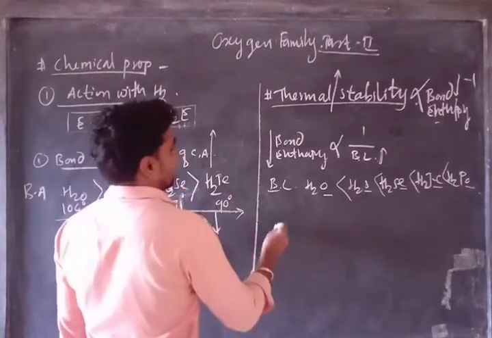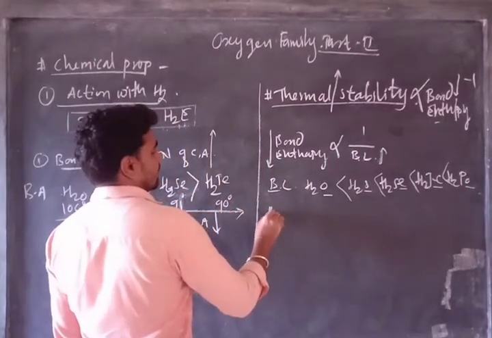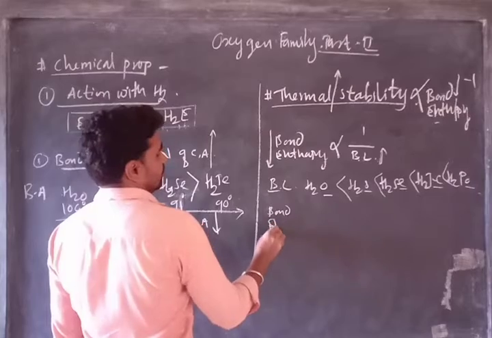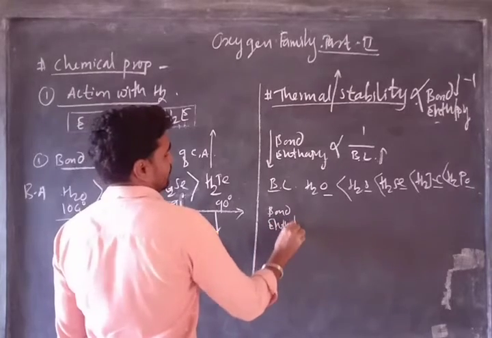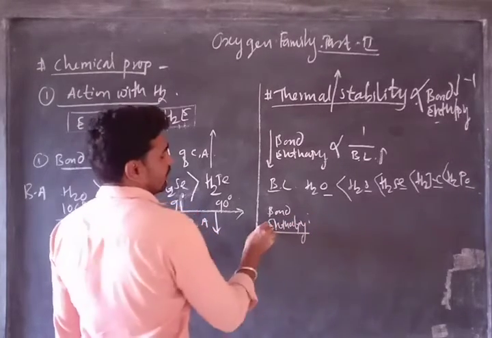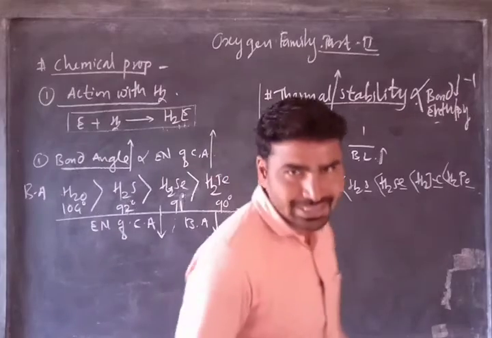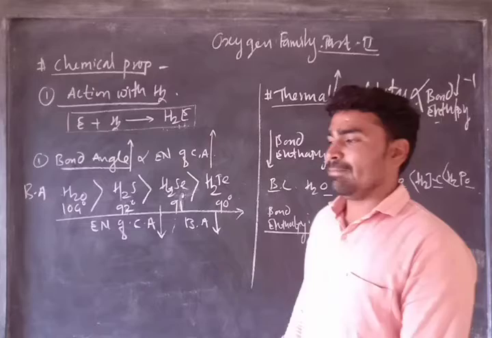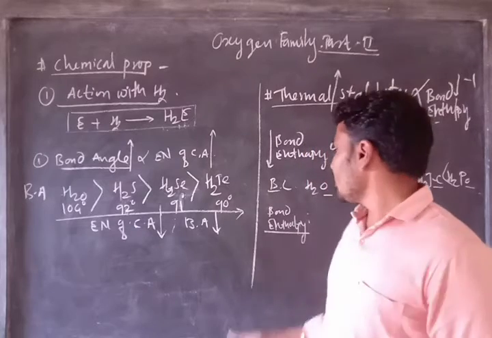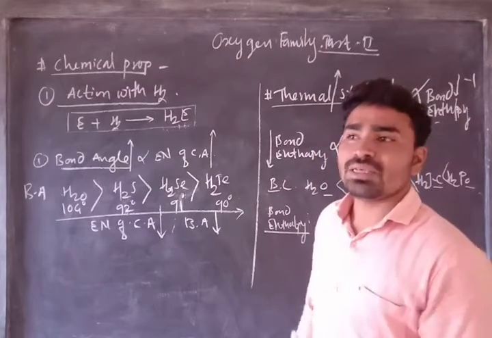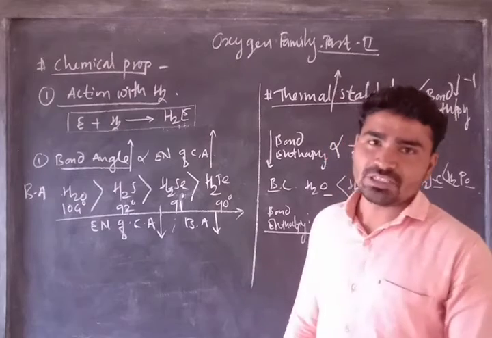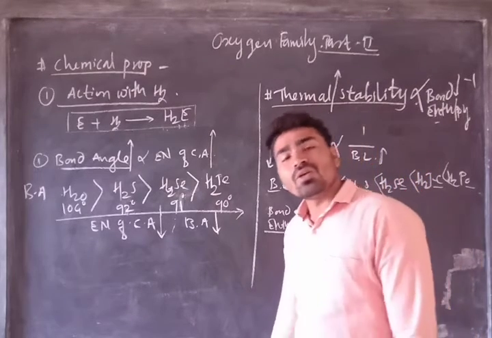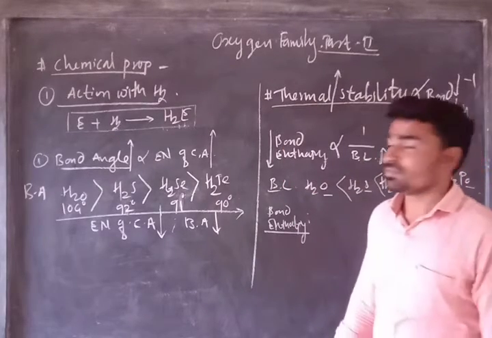If bond length is like that, we can have another order for bond enthalpy. Let me tell you, my dear students, bond enthalpy suggests the strength of the bond. If the bond strength is more, its bond enthalpy is more, that is, more energy is required to break it.